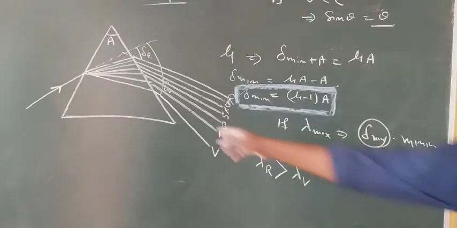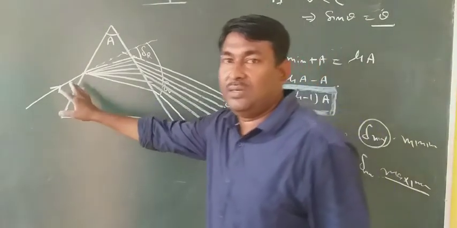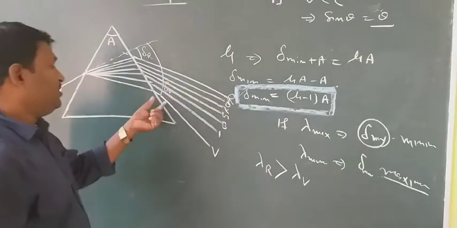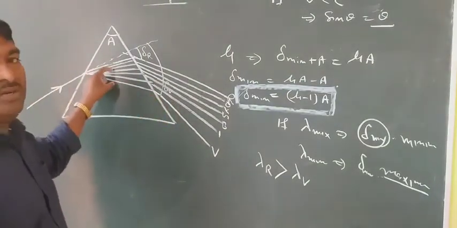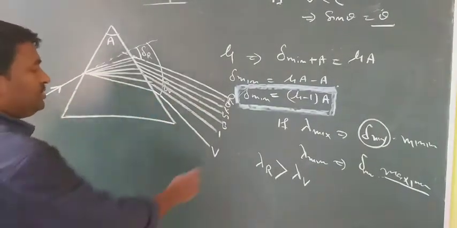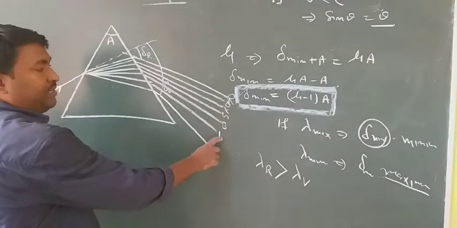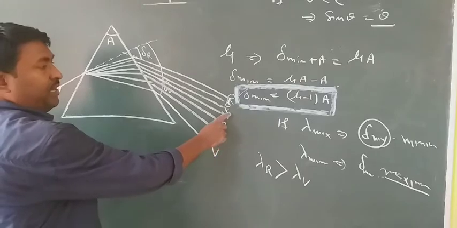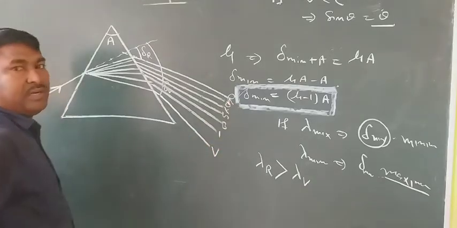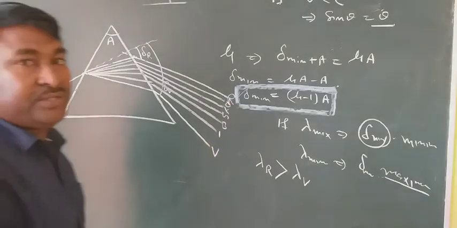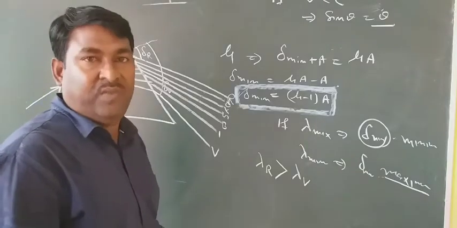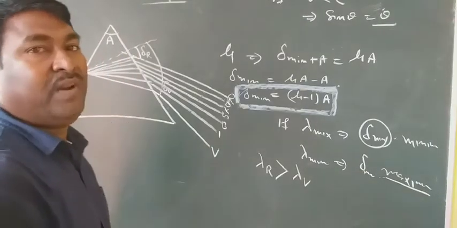In this way, when white light is incident on a prism, it is split into its constituent colors, and these colors are in the form of VIBGYOR: violet, indigo, blue, green, yellow, orange and red. So the next topic is dispersion of light. What is dispersion of light?